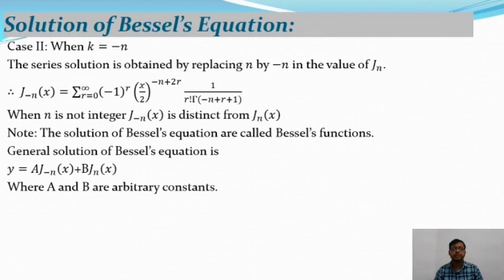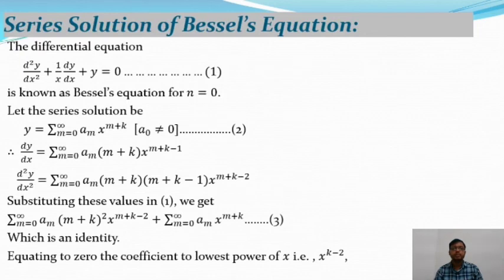In this slide we will discuss the series solution of the Bessel's equation. Here is the differential equation d2y/dx2 plus 1/x dy/dx plus y equals 0, which we call equation number 1. This differential equation is known as the Bessel's equation for n equal to 0.